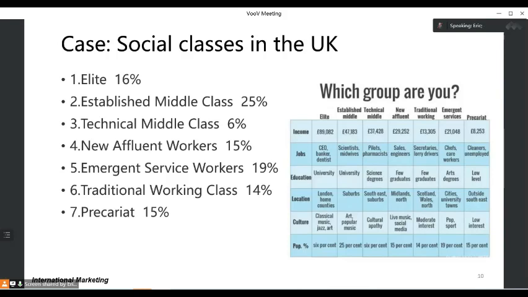And they get 7 classes: elite, established middle, technical middle class, new affluent workers, emergent service workers, traditional working class, precariat.